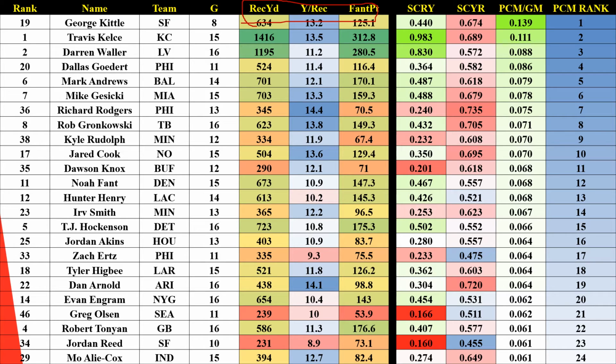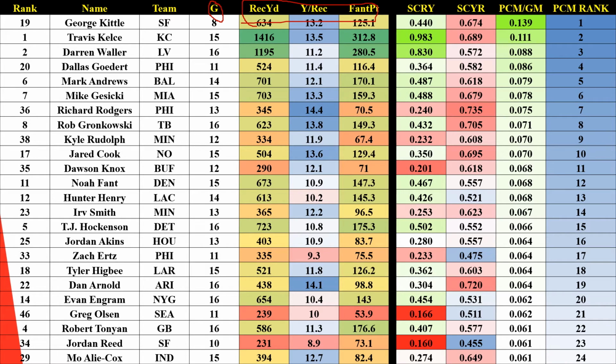I calculated that based on the previous metrics, and you can go back to the lesson where I take it through a little bit. Long story short, I develop a metric I call principal component model number, and I then divide that by the number of games played, because I think you're going to miss something there, at least the beginning.